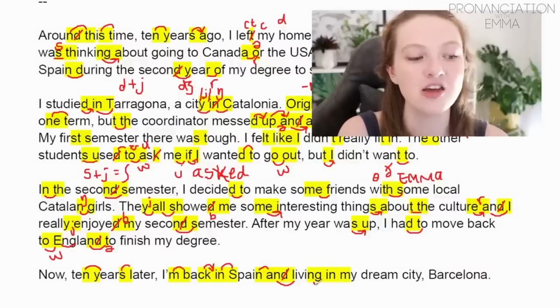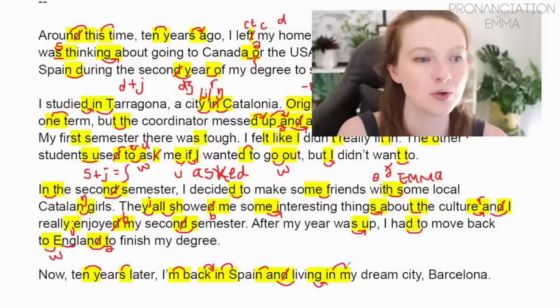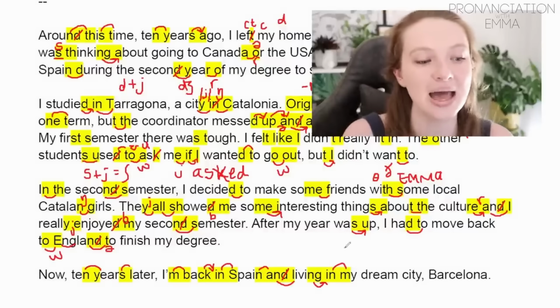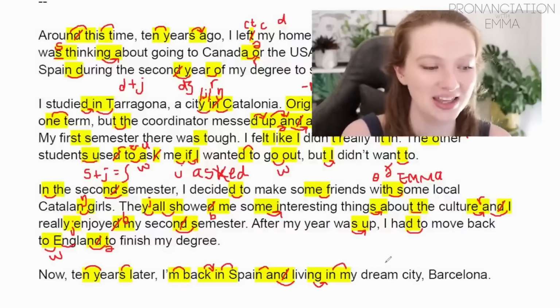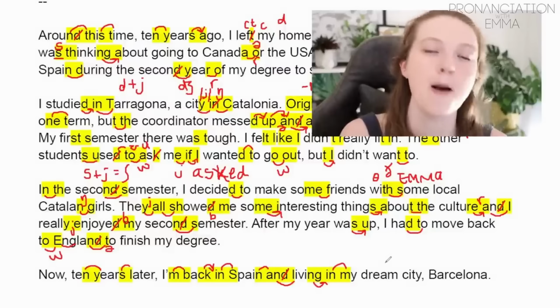I'm back in Spain and living in, we're moving that over, living in my, so it's the same as what's going on up here with first time in my life. Living in my dream city, Barcelona.